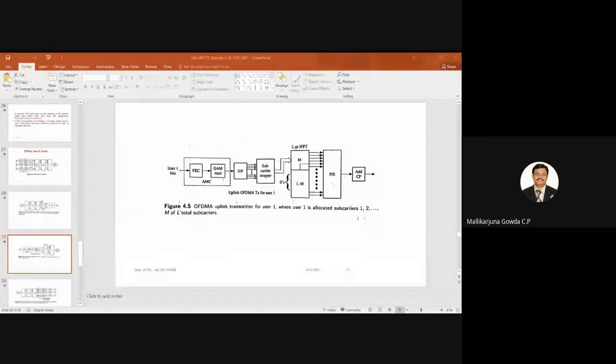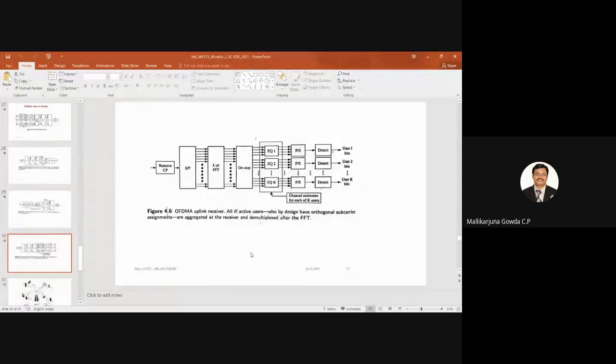For user 1, whatever subcarriers are allocated, it may be 12 subcarriers in this LTE example. 12 subcarriers will be allocated to one user. In that system, I may have 100 subcarriers. So 100 minus 12, the remaining will be made 0 for this particular user.